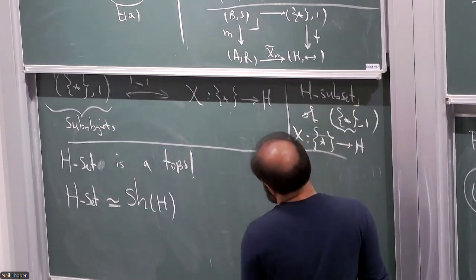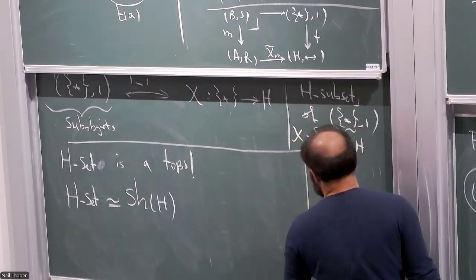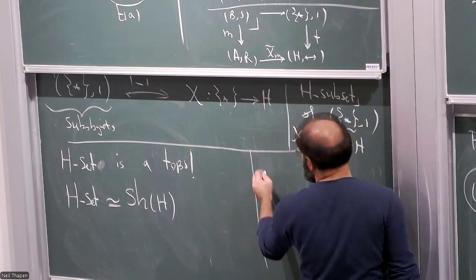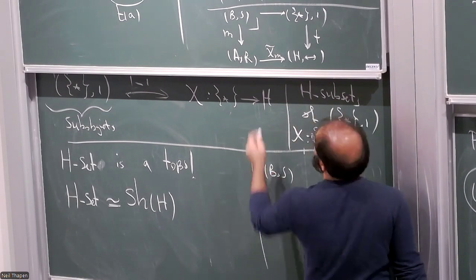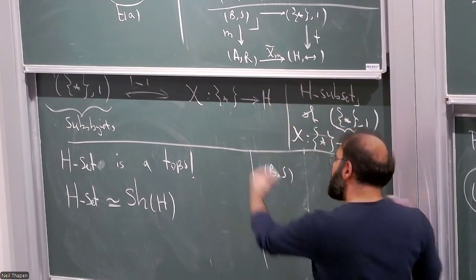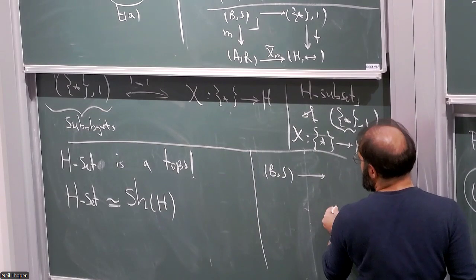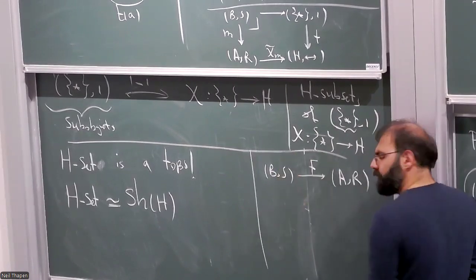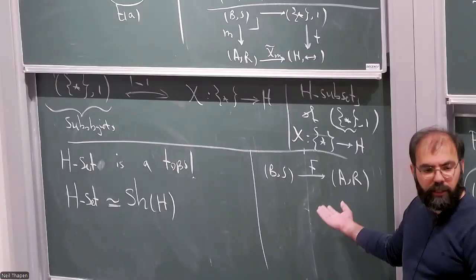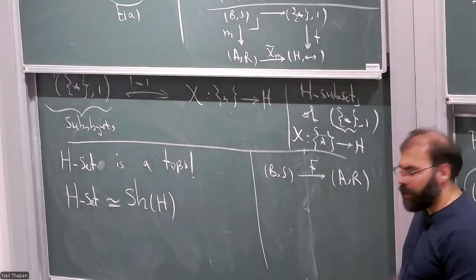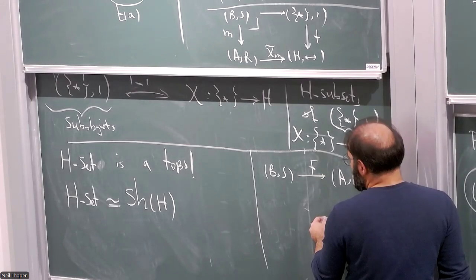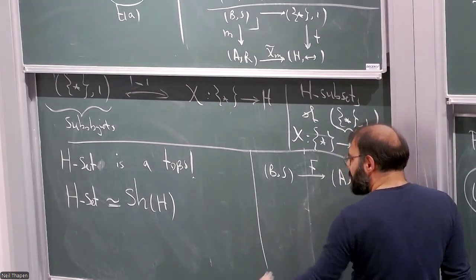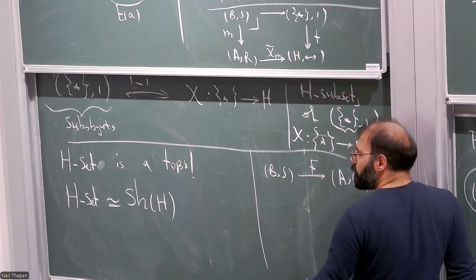So let's write it this way. Forget about this H subset, etc., that I needed to show that something is a topos. Let's say that I have some map F. How to check that this is really a monic? Write the H-relative version of being a monic.